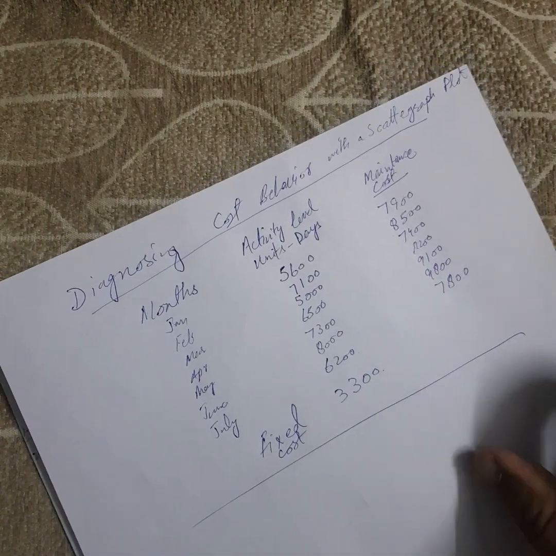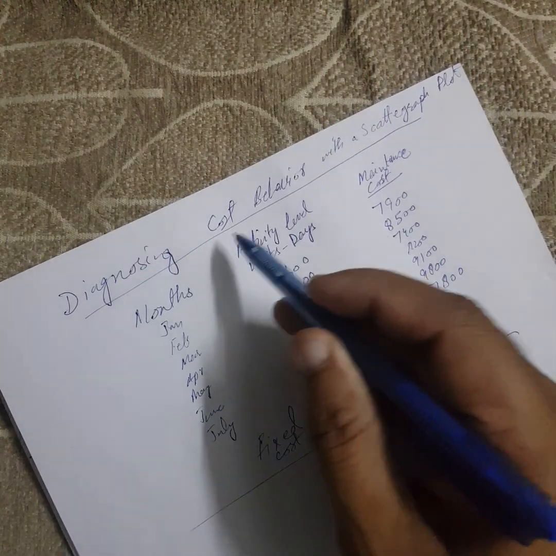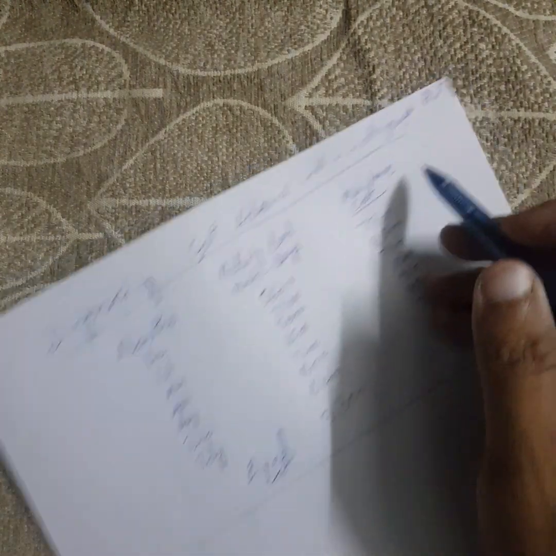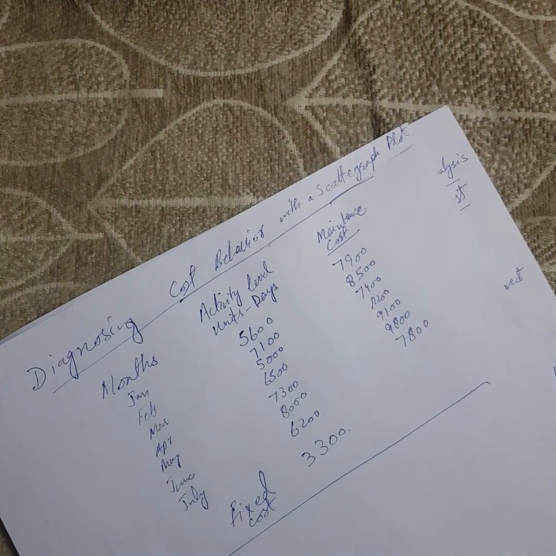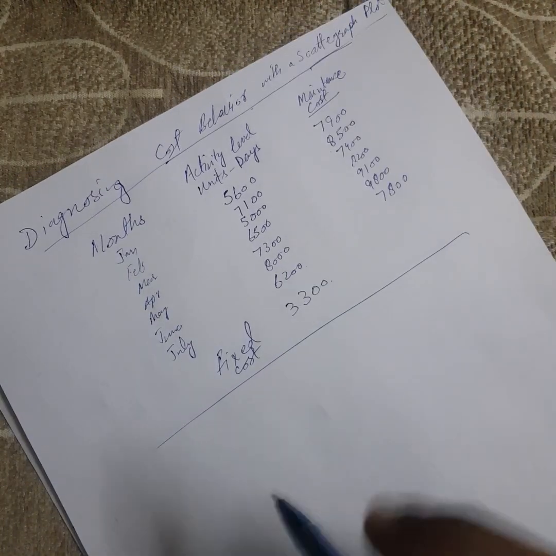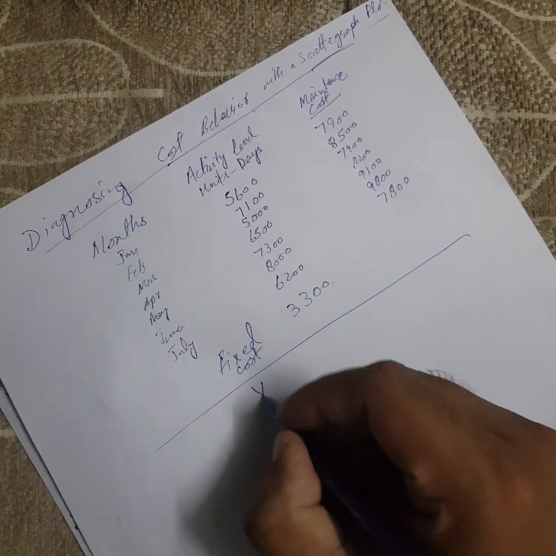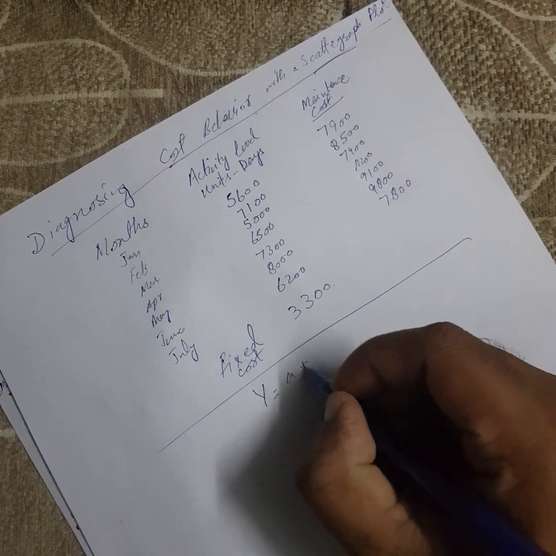This is a table that is given and we have to see the cost behavior with the help of a scatter graph plot. We will use the same equation, as we discussed recently, y is equal to.